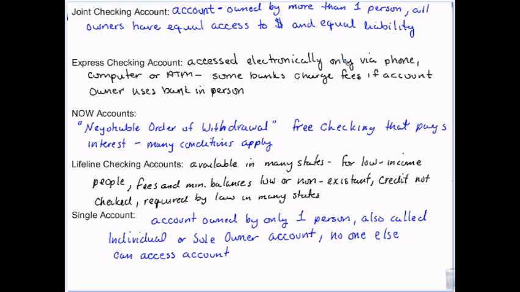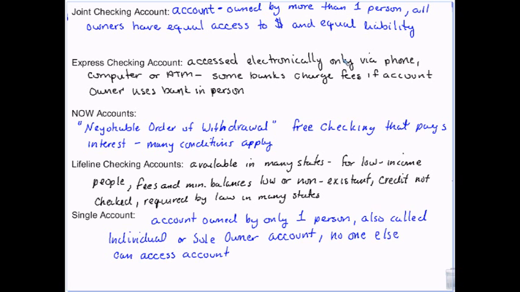But basically, you have to meet their income qualifications. But if you meet those income qualifications, you're guaranteed to be able to get one of these accounts, because it's a law thing. And if they have fees and minimum balances, they'd be very low, or they won't exist at all.